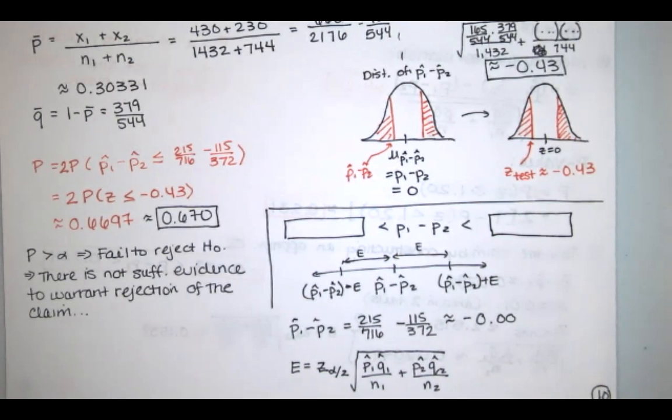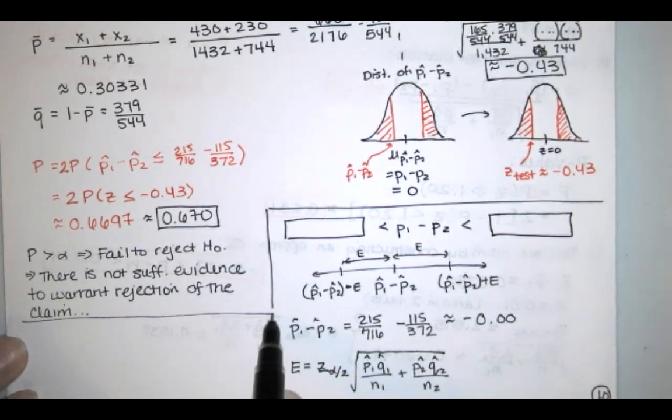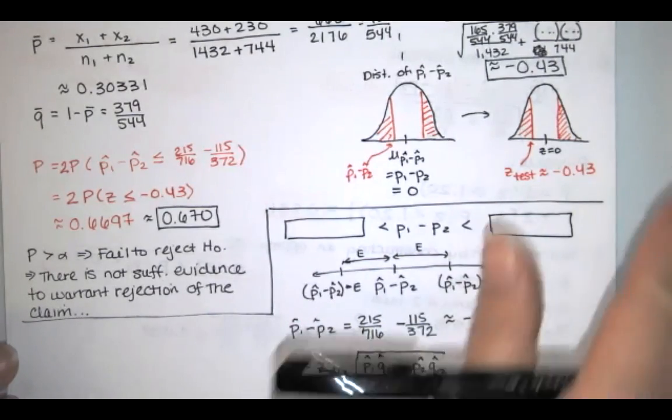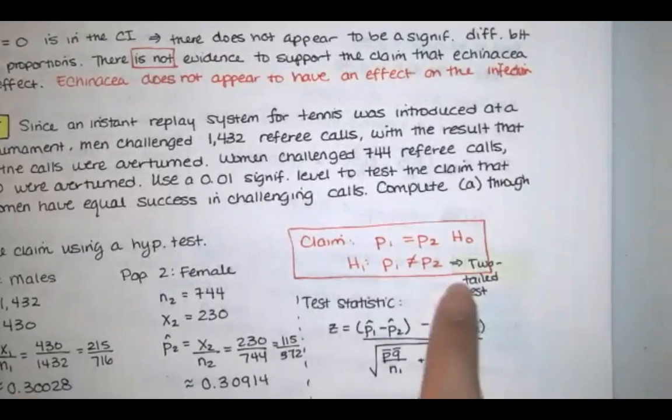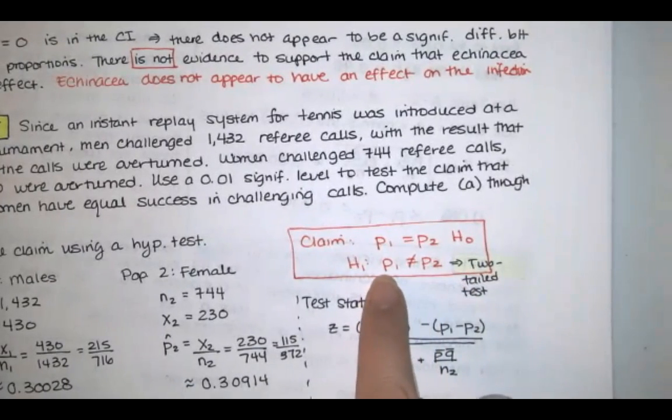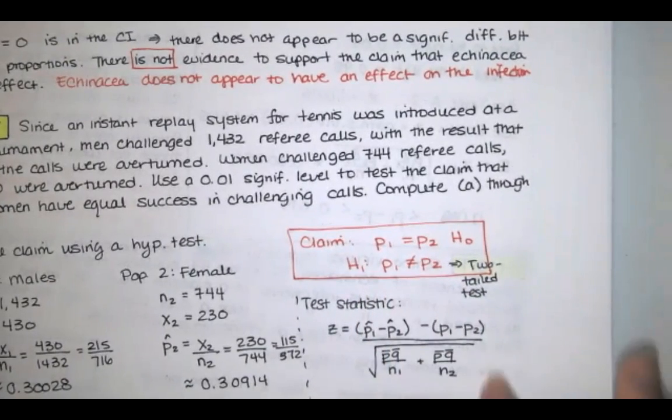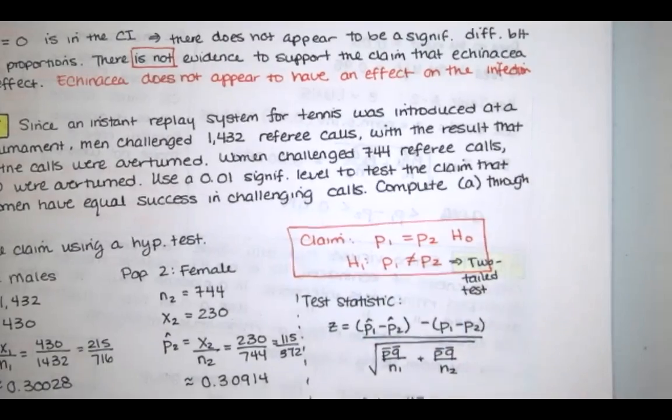Now you have to be careful with this. This alpha is not necessarily your significance level. Sometimes it is, but sometimes it's not. So you have to think about whether that original hypothesis test was a two-tailed test or a one-tailed test. So we go up here and we see that the alternative hypothesis is that P1 is not equal to P2. So that means we have a two-tailed test.